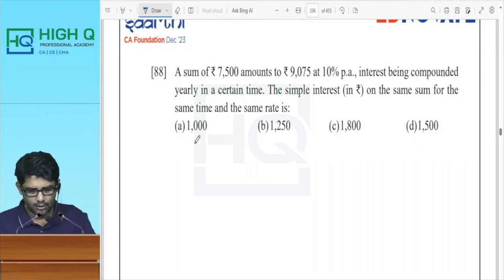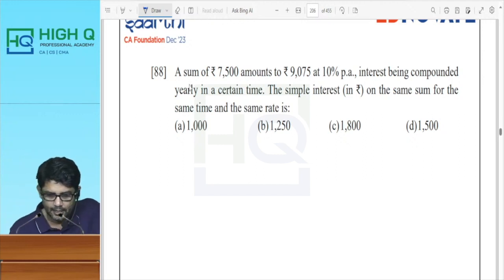No, listen here. A sum of 7,500 rupees amounts to 9075 at 10% per annum interest compounded yearly in a certain time. The simple interest on the same sum for the same time and rate is asked. So here we need to find the number of years.